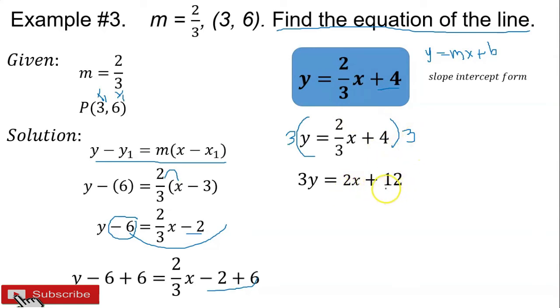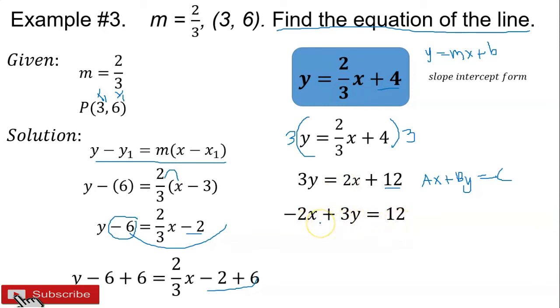And then, 3 times 4 is equal to positive 12. Okay? So, ang gagawin natin, transpose natin yung negative 2 to left side para magiging yung form natin ay ax plus by is equal to c para maging ganyan yung form natin. So, we have negative 2x plus 3y is equal to 12.